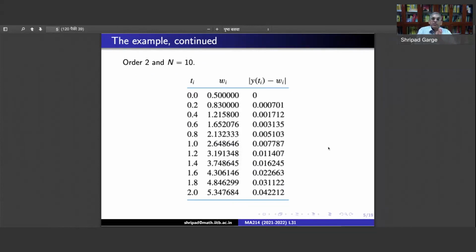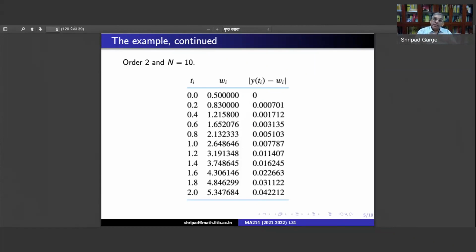So for the first 2 digits after the decimal point, the values are same. If you look at 0.2, so W1, that is actually equal to the correct value up to first 3 digits. Okay, so even if we have taken order to be just 2, we have gone just one step beyond the Euler's method.